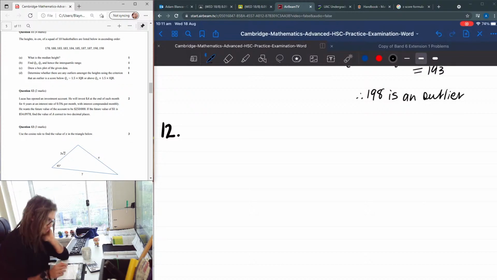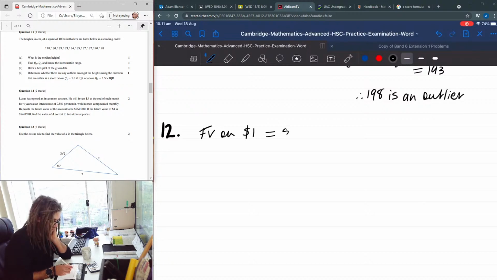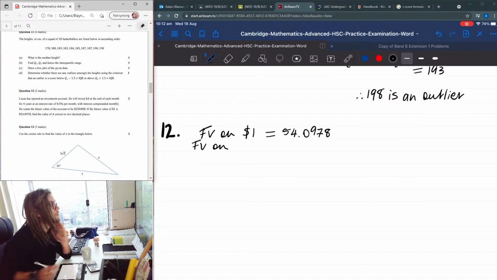Future value of 1. So, future value on $1 is, what is it, 54.0978. So then the future value on who will invest $80 is going to be A times that.